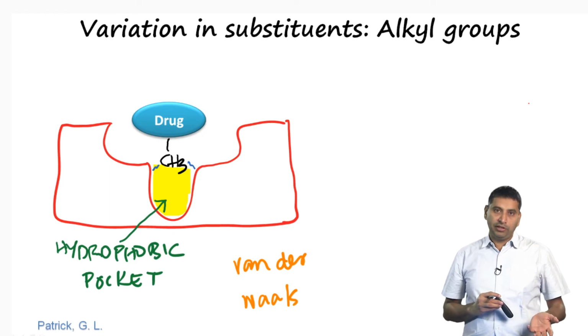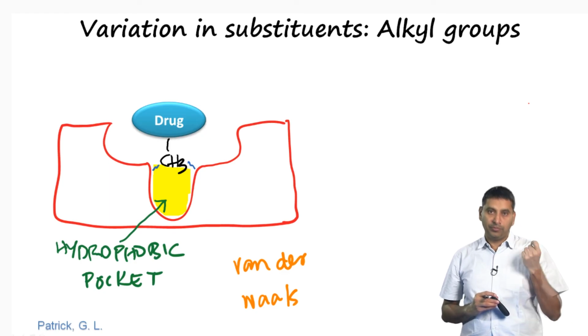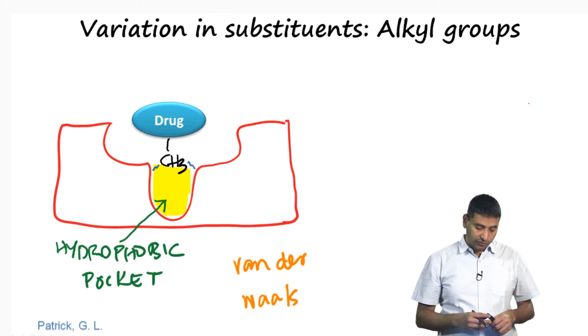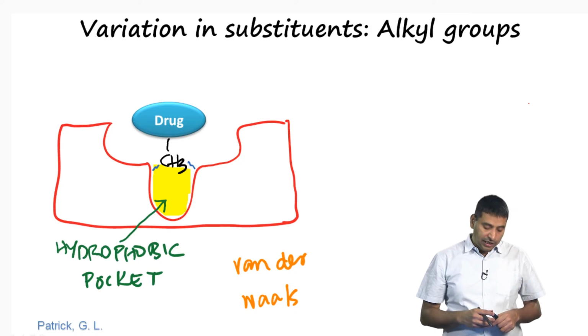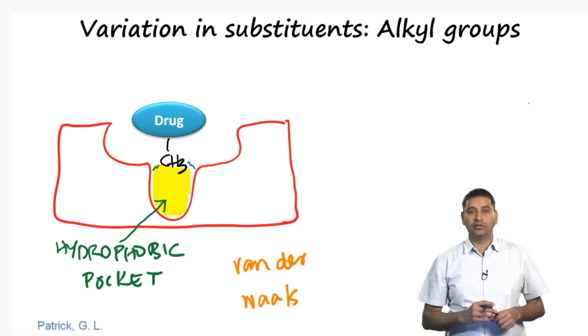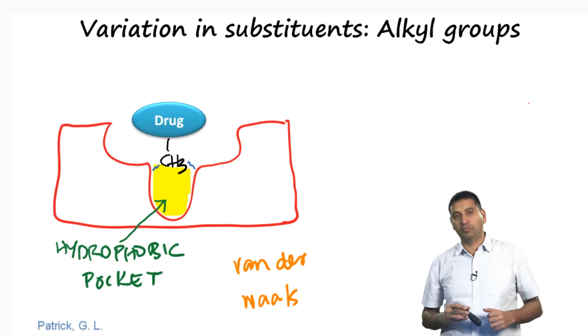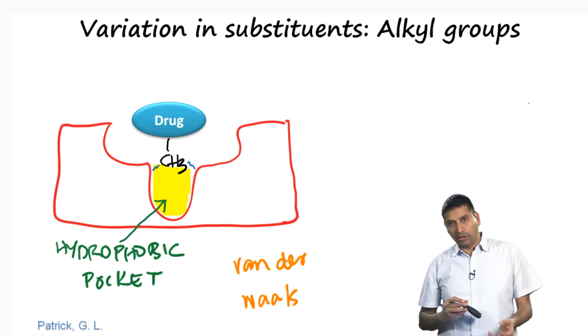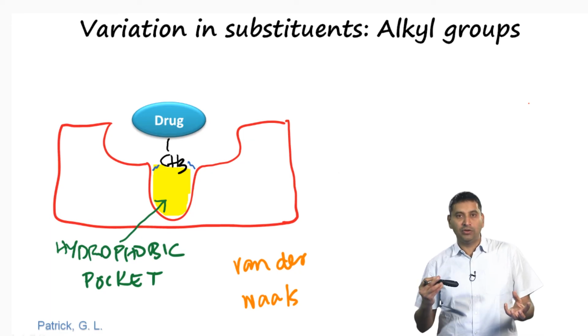Now, what happens for example is when we change the alkyl group, imagine this is a protein which has a hydrophobic pocket, and now you have a drug which has a pendant methyl group. Okay. Now, this methyl group can interact with the hydrophobic pocket, and this may be your lead compound. Right.